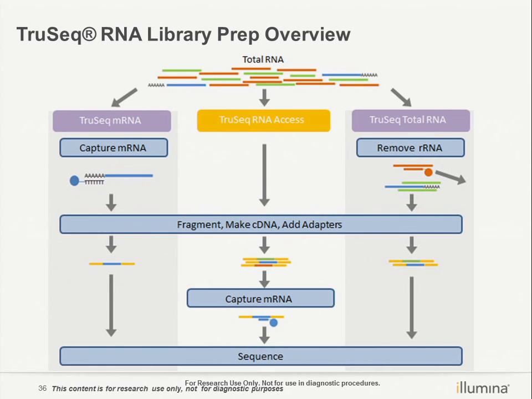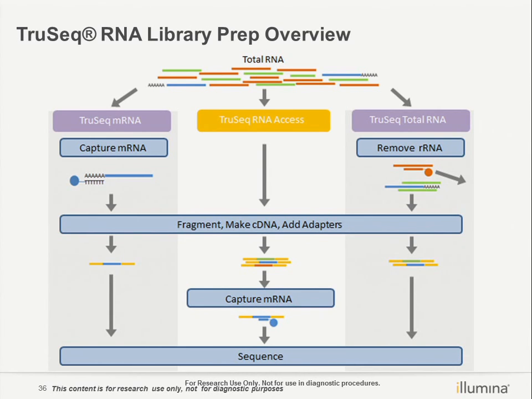We call it RNA Access. In this method, we firstly start from the total RNA and make cDNA from all of the total RNA, with adapters. Then we use a set of specific sequence oligos to capture only the mRNA part. Different from the other method, which only has oligos with a poly T tail, this set of probes has specifically designed sequences that will capture all of the mRNA.